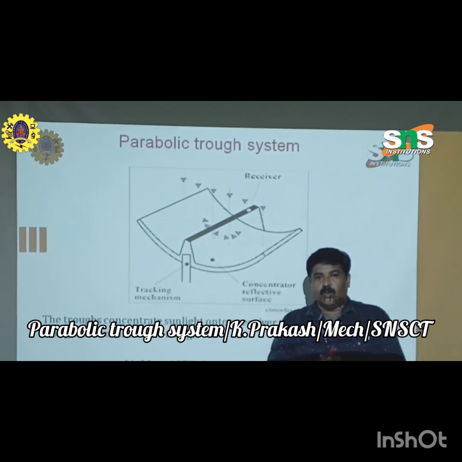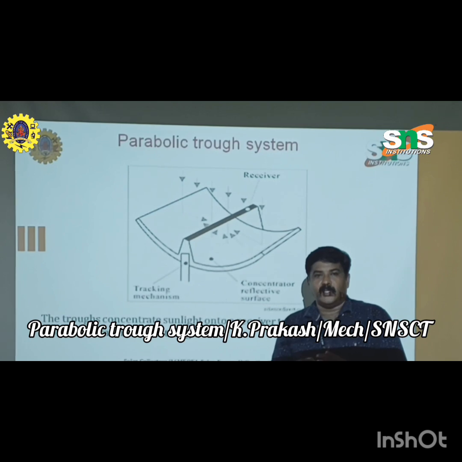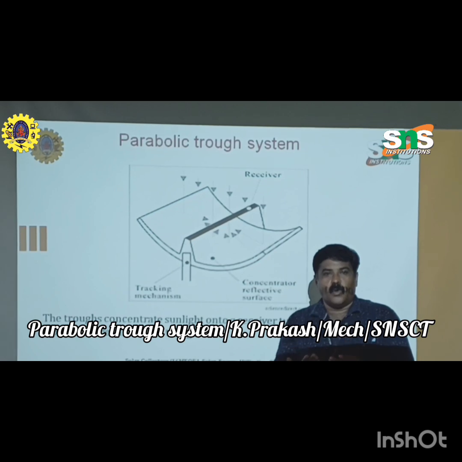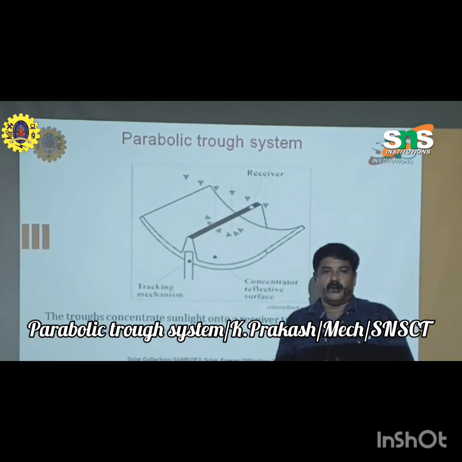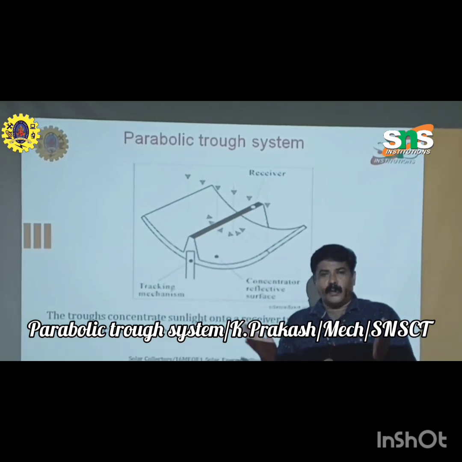In India, if you take a place like Ooty, it is always cold and the weather is not good throughout the year. But if you take the Thar desert or Rajasthan, the solar radiation is very high.